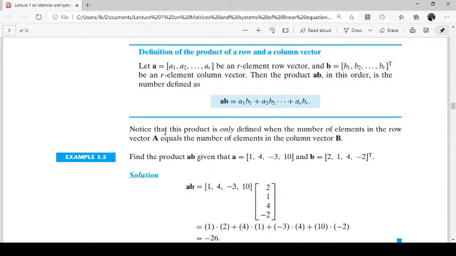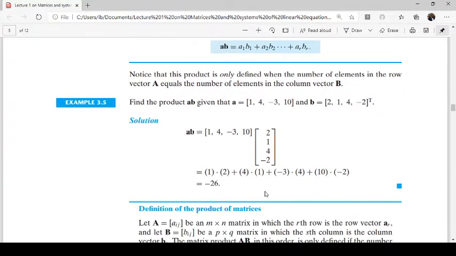You need to know that the product of two matrices A and B is only defined when the number of elements in the row vector A is equal to the number of elements in the column vector B. Look at an example here.